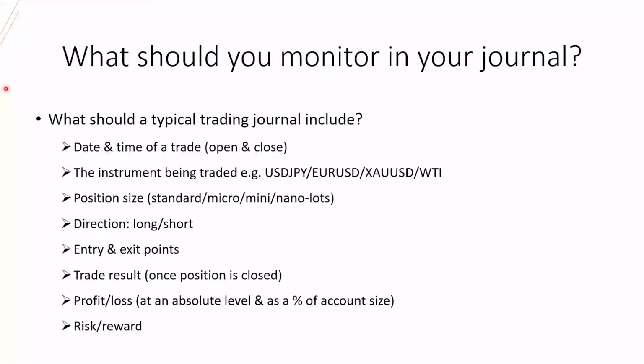Generally, for myself, I would like to use a 3-to-1 risk reward ratio. So what this means is I'm risking 1% of my capital or account size to potentially make 3%. Okay. Now, of course, with every trade, it doesn't always go according to plan.